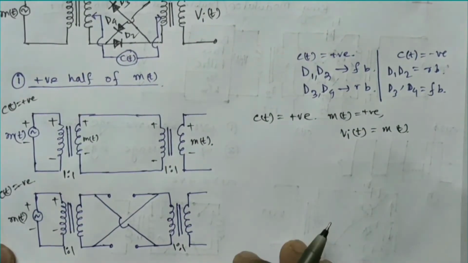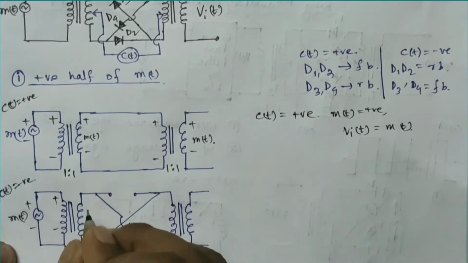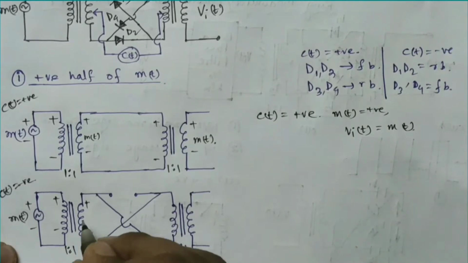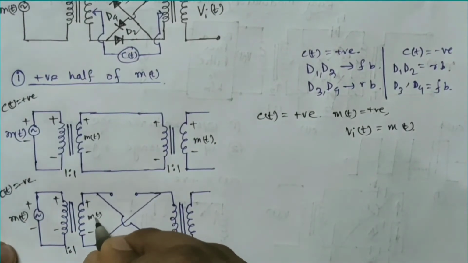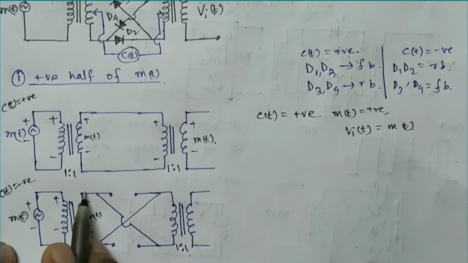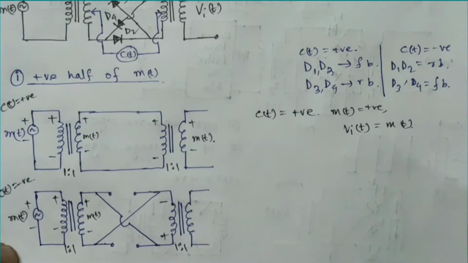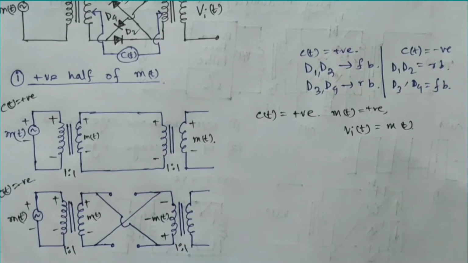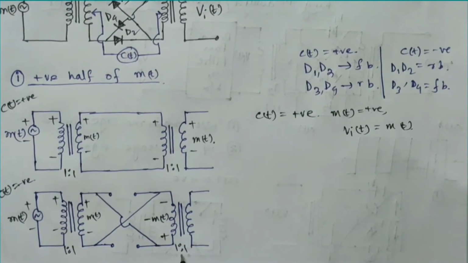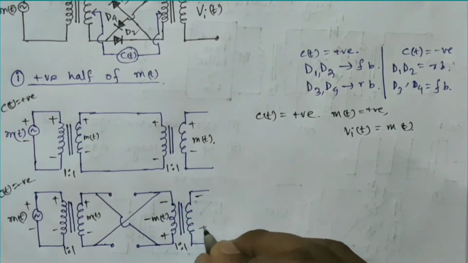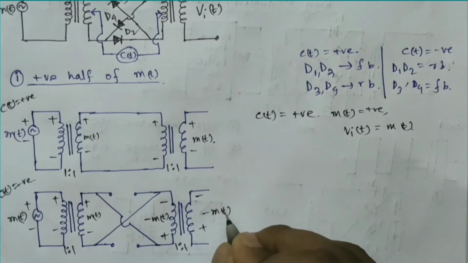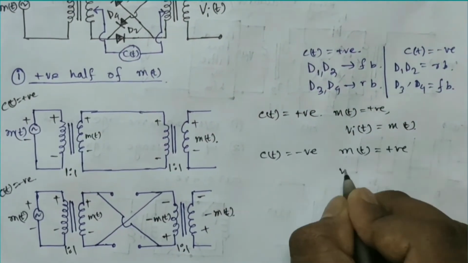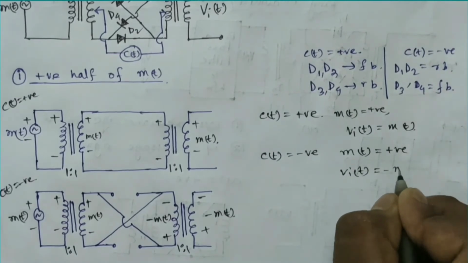So this is the equivalent circuit, and you can see due to the transformer of turns ratio 1:1, at this point we will get m(t). This positive part will go in this direction, and we will get this polarity, which is minus of m(t). And using this transformer, at this point also we will get minus of m(t). So when c(t) is negative and m(t) is positive, V(t) is minus of m(t).